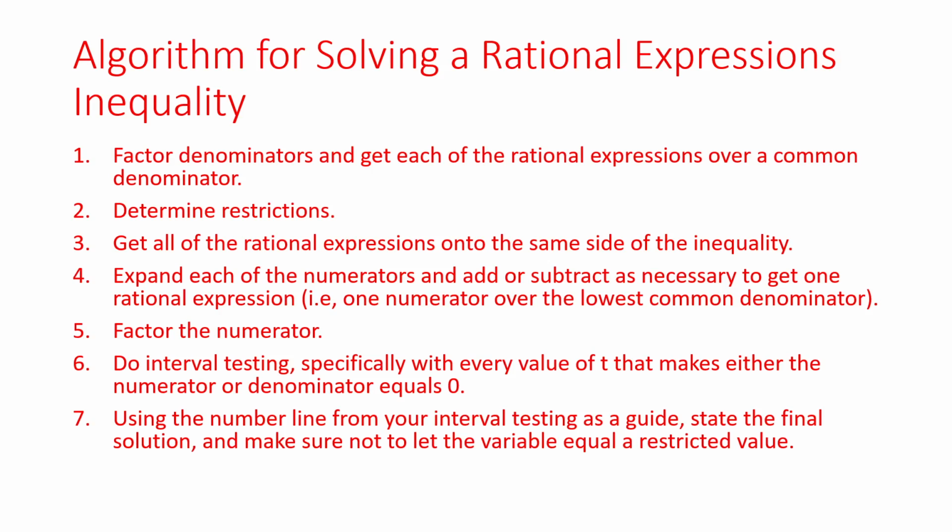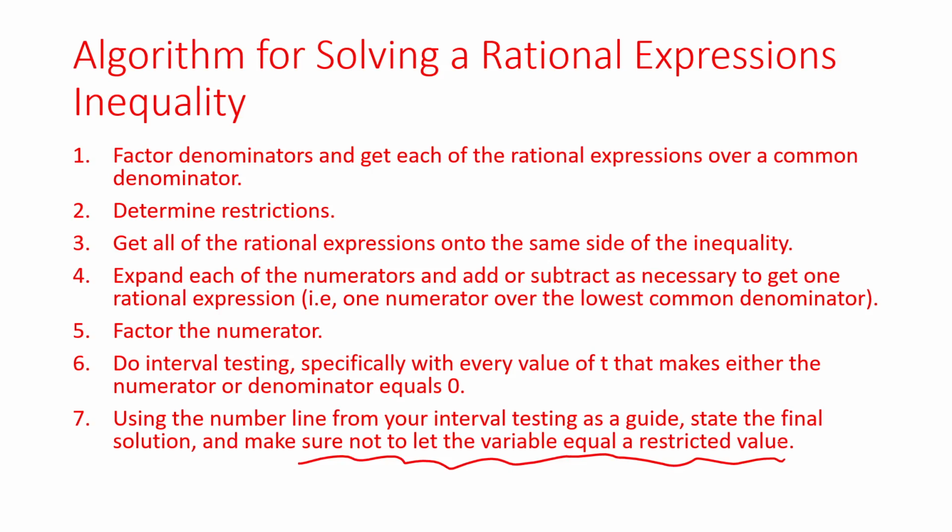Then in step 5, we factor the numerator. Then we do interval testing, specifically with every value of t or x, whatever it is, that makes either the numerator or the denominator equal to 0. Using that number line from interval testing as a guide, we're going to state the final solution, and we have to make sure not to let the variable equal a restricted value.